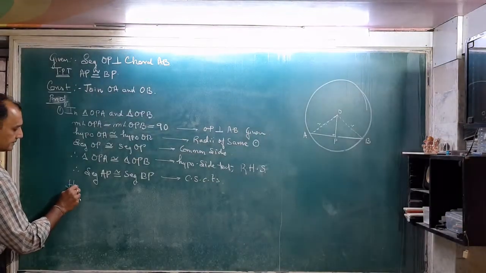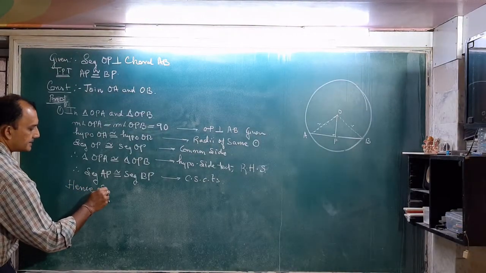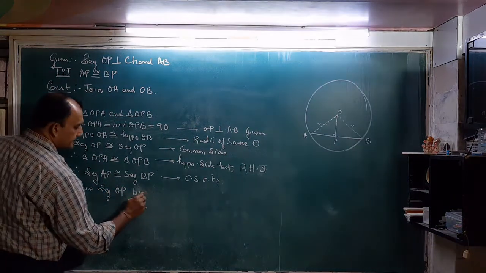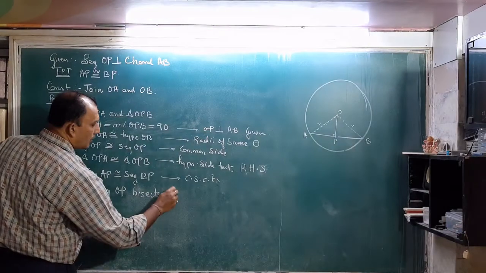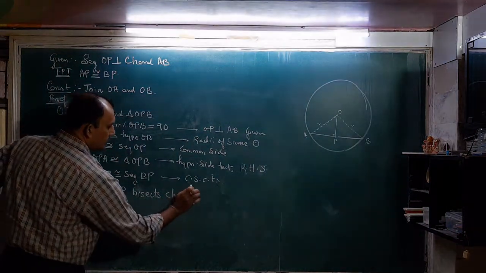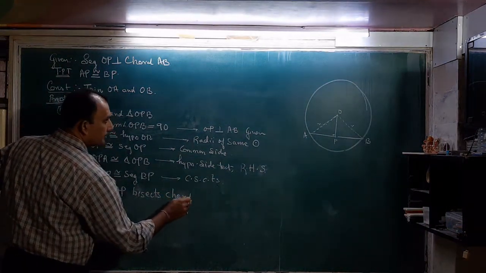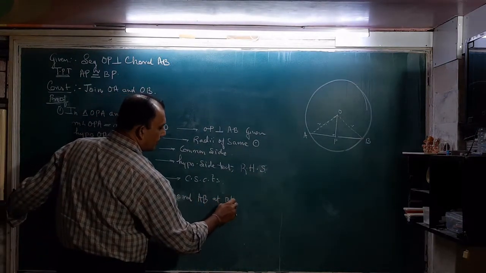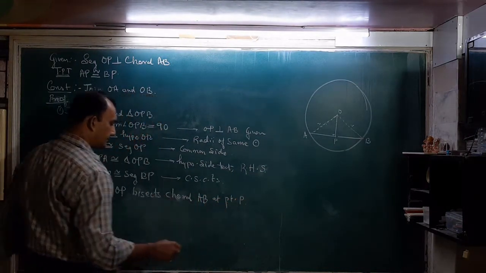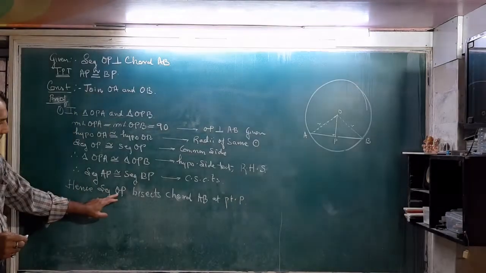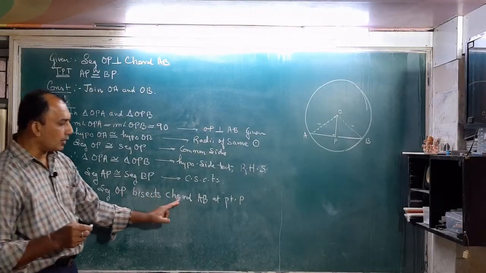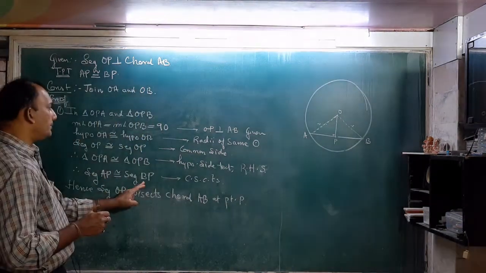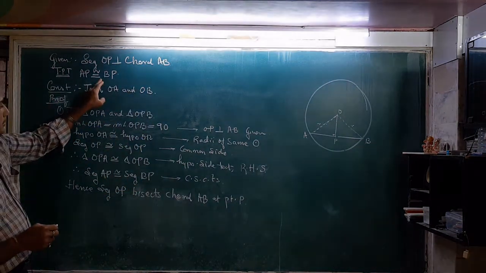Hence, we can tell that seg OP bisects chord AB at point P. That is, AP is congruent to BP. That is what we were supposed to prove.